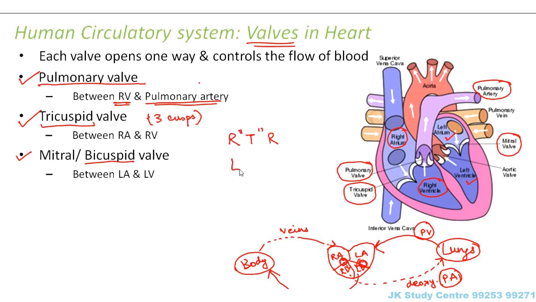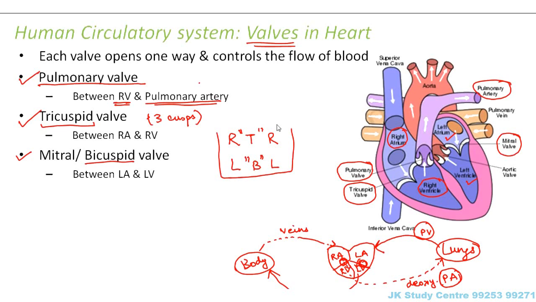And between the left auricle and left ventricle is the bicuspid valve, that is LBL. So this is how you can remember it, RTR and LBL. RTR means right auricle, tricuspid valve, right ventricle.